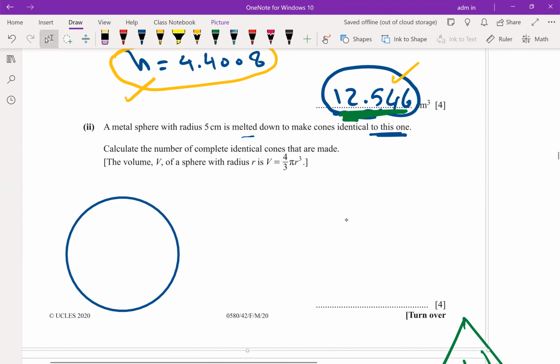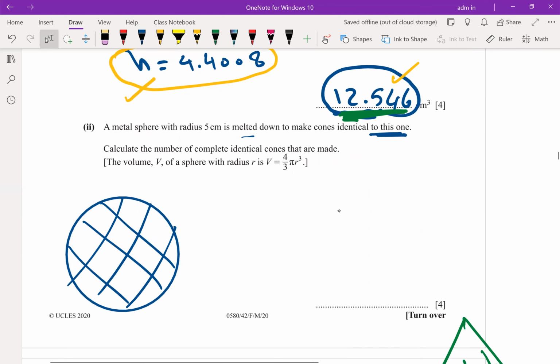You have a big sphere and you melted it and converted it to a number of small cones like this. Clear? So now, how do we find the number of small cones? You have to divide this one by this one.